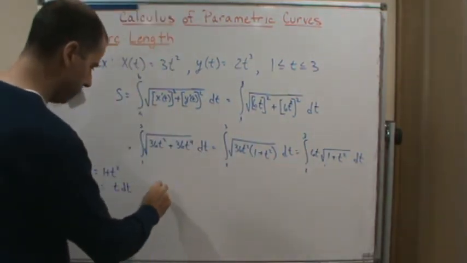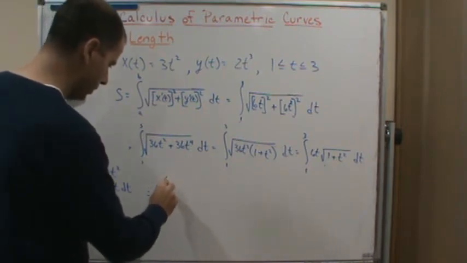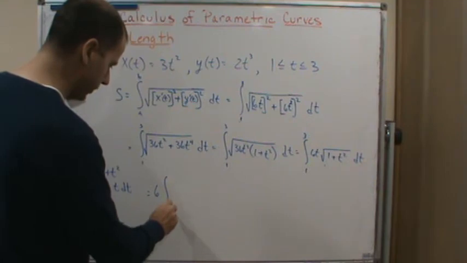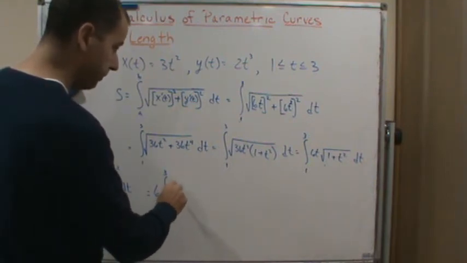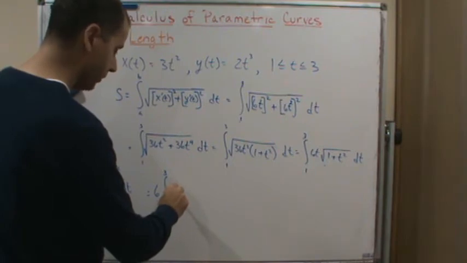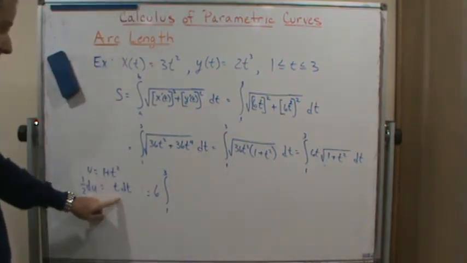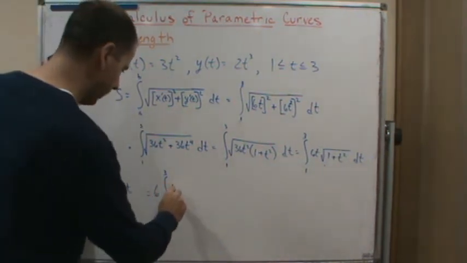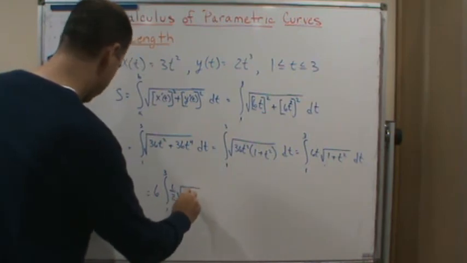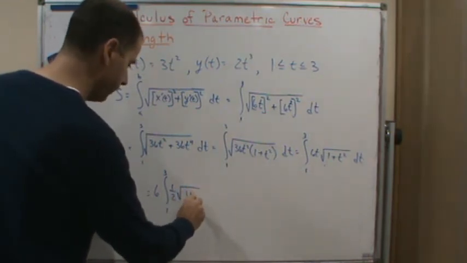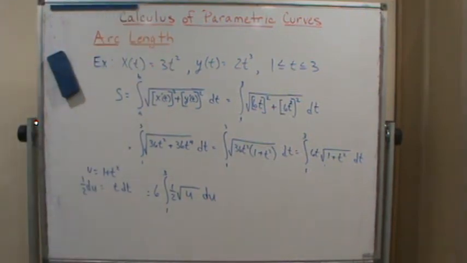So if I pull the 6 out, I get the integral from 1 to 3, and so t dt becomes 1/2 du. So I have a 1/2 in here, and then I get the square root of u du. Okay, so I could do it that way.